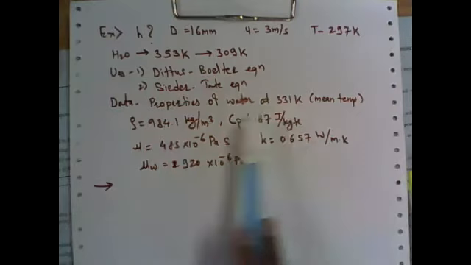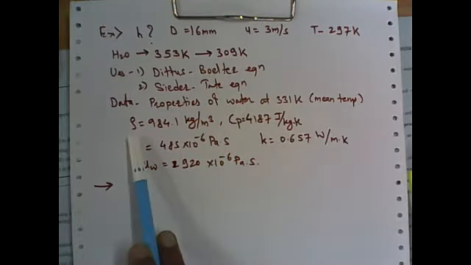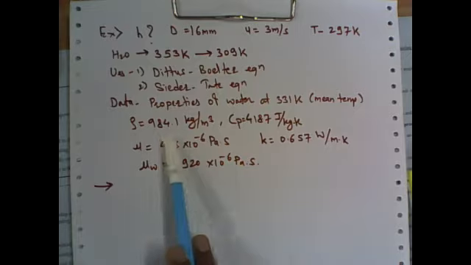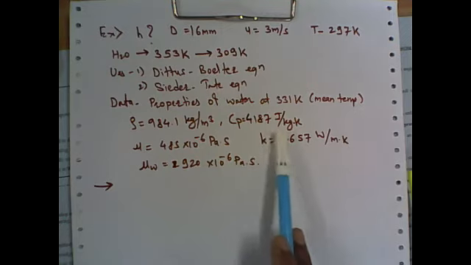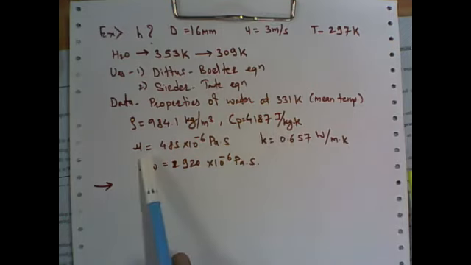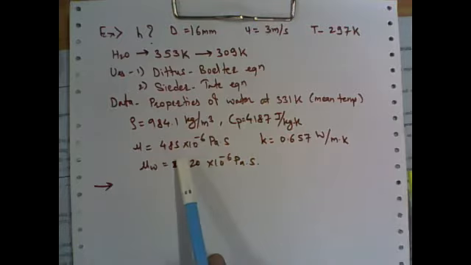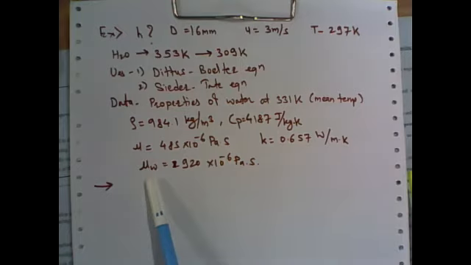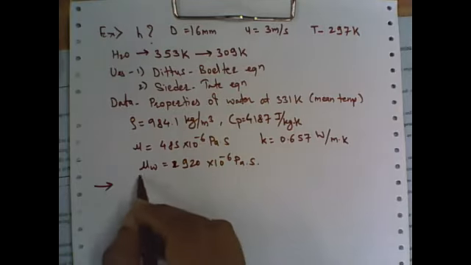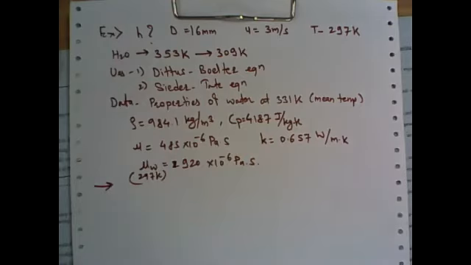At this temperature, the properties of water are: density 984.1 kg per meter cube, Cp specific heat or heat capacity 4187 joules per kg, viscosity of water 485 into 10 raised to minus 6 Pascal second, thermal conductivity 0.657 watt per meter Kelvin, and viscosity of water at wall temperature, that is at 297 Kelvin, is 920 into 10 raised to minus 6 Pascal second.